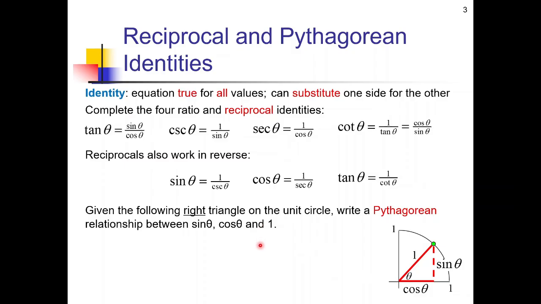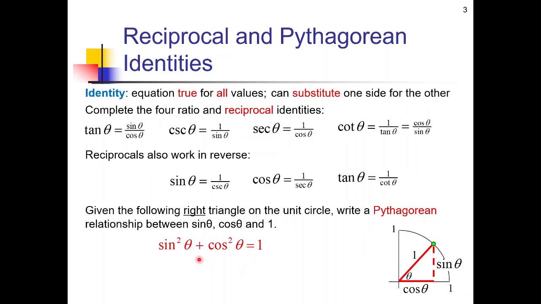So our Pythagorean theorem says a squared plus b squared equals hypotenuse c squared. So in this case, that means we have sine squared of theta plus cosine squared of theta equals 1 squared, but 1 squared is just 1.